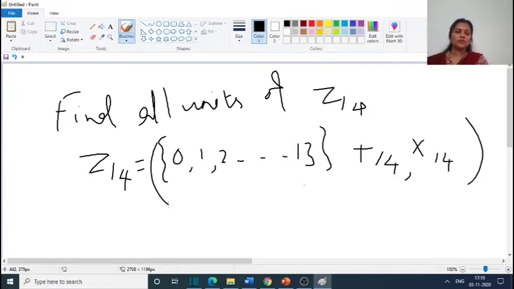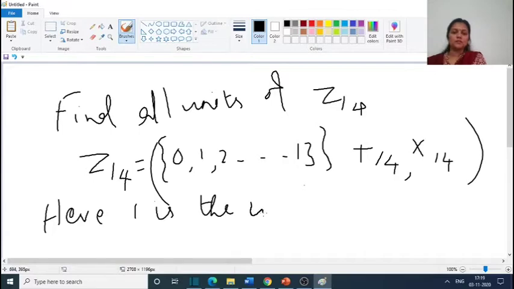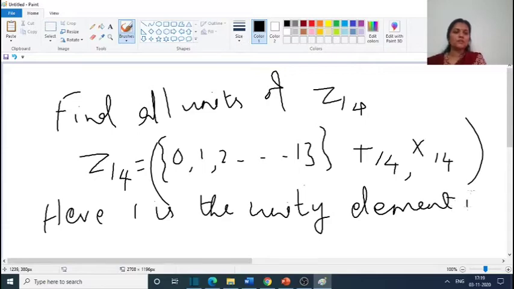So here 1 is the unity element. That is, 1 is the identity with respect to multiplication.